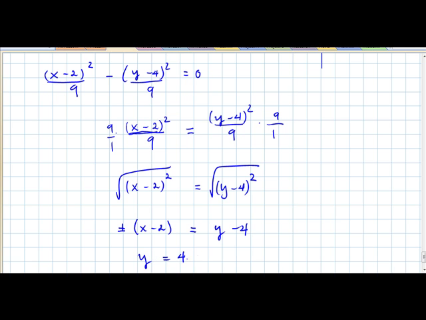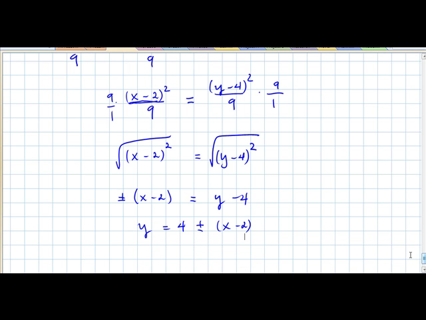So y equals 4 plus or minus x minus 2. And this means y equals 4 plus x minus 2, or y equals 4 minus x minus 2.